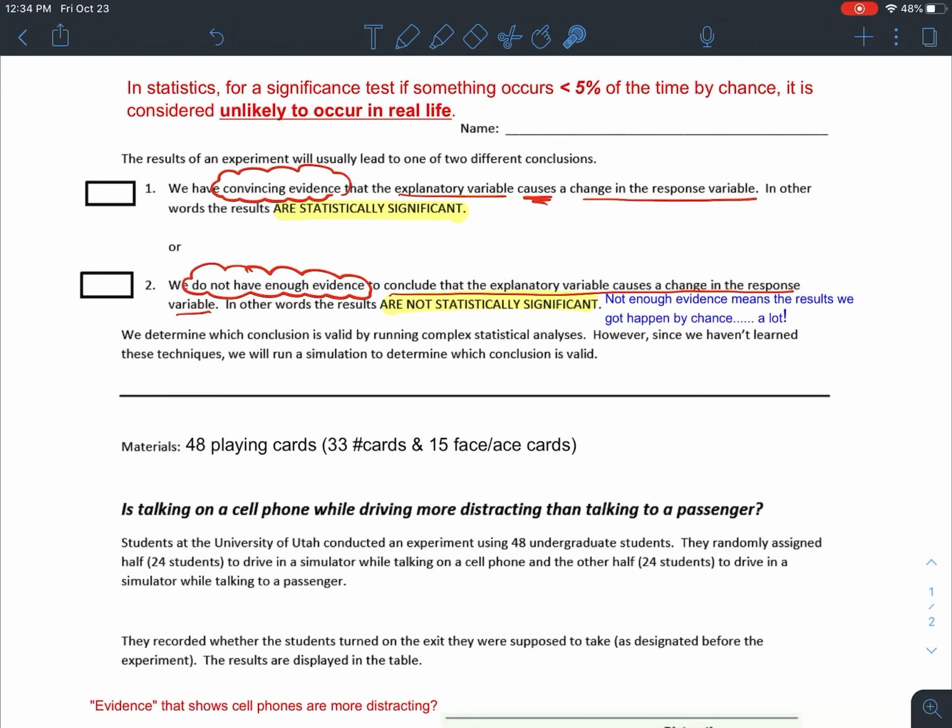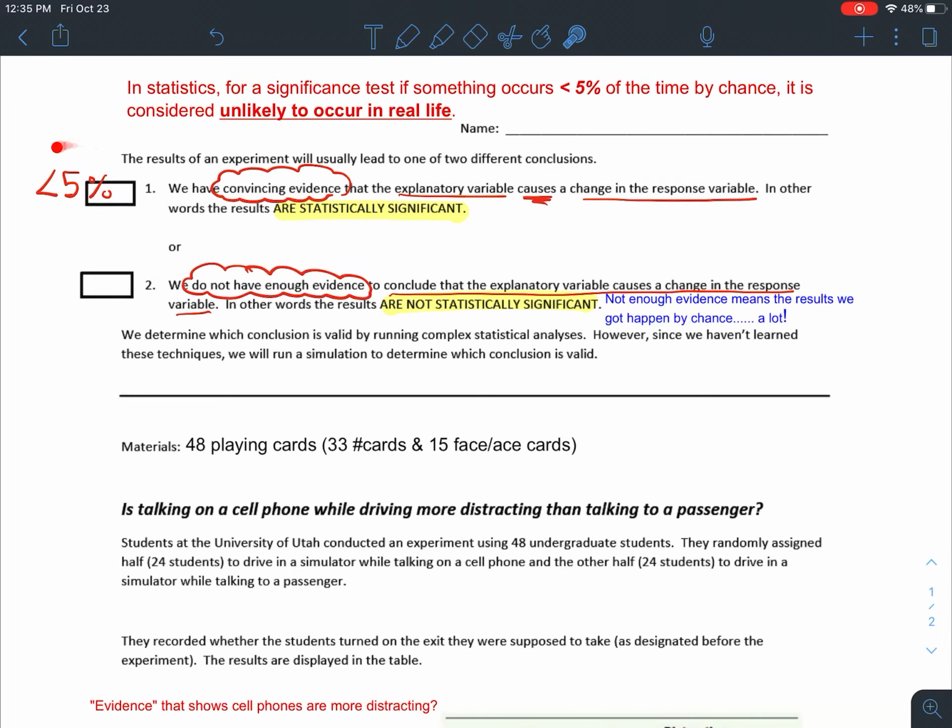By performing a simulation multiple times over and over again to simulate your experiment, you can compare those results to the results that you got. What we're really looking for is this: you've got convincing evidence that your explanatory variable caused your response variable if, in your simulation, less than 5% of the time, and that's what goes in this box here, you get similar results to what you got in your experiment just by chance.